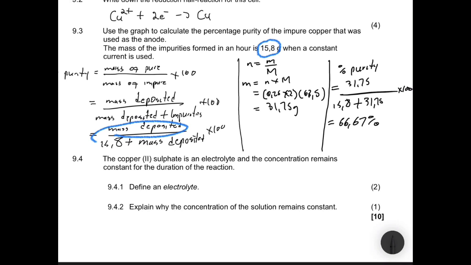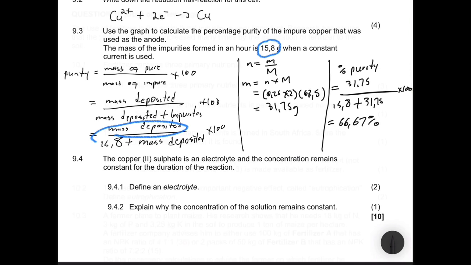And then 9.4.2 says explain why the concentration of the solution remains constant. The concentration of the solution remains constant because the rate of oxidation is equal to the rate of reduction. The rate of losing electrons is equal to the rate of gaining electrons, and as a consequence, the concentration of the solution remains constant.